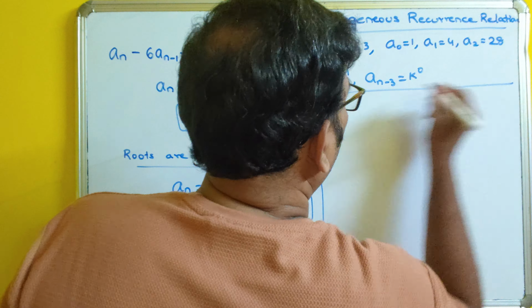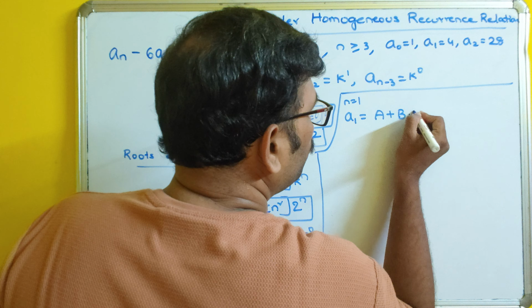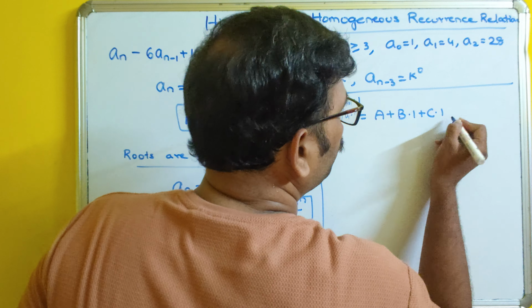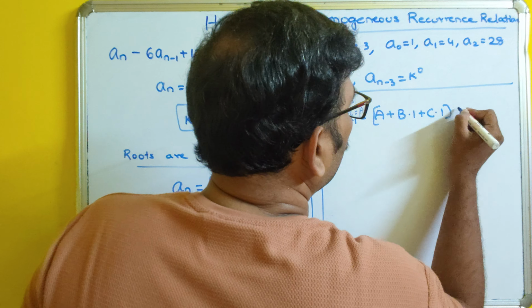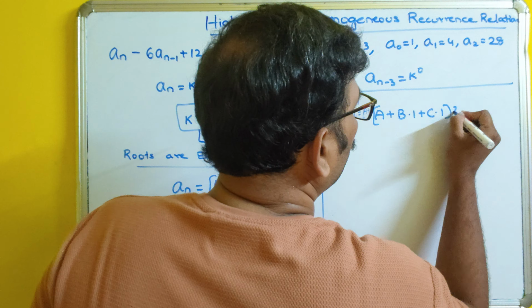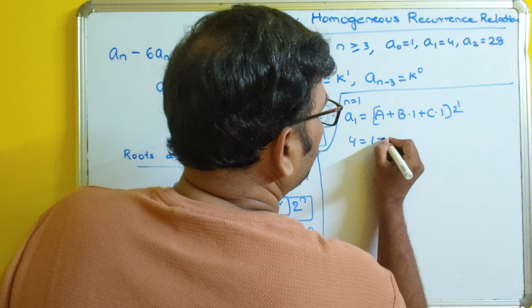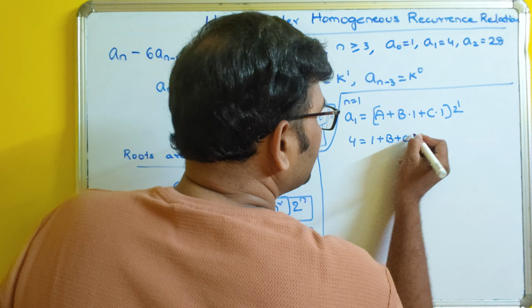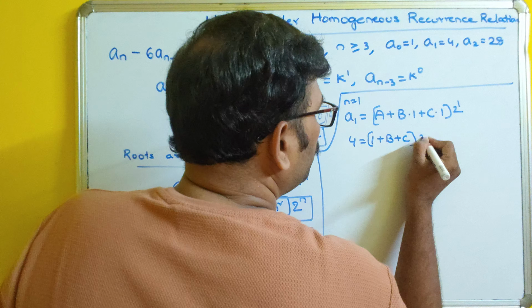I'll use n is equal to 1. a1 is equal to (a plus b into 1 plus c into 1) into 2 power 1. What's the a1 value? It's 4. 4 is equal to, a value is 1, so 1 plus b plus c into 2.